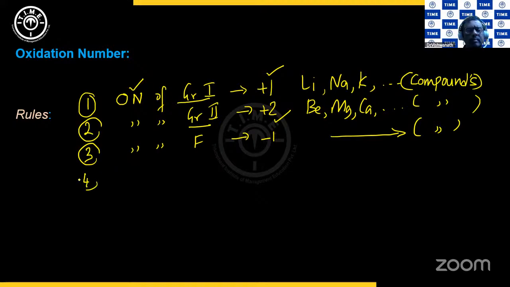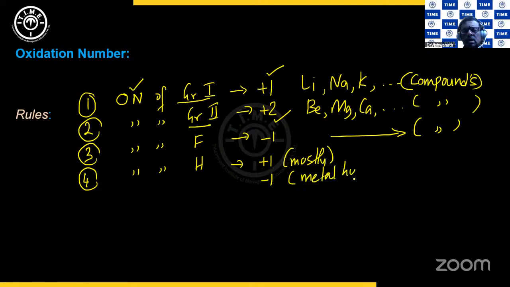The fourth one we will take up is for oxidation number of hydrogen, which is mostly +1. Most of the cases, except in hydrides, which are metal hydrides. Hydrides made up of metals, it is -1.